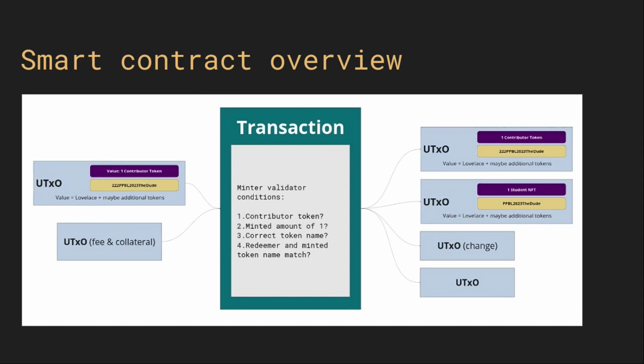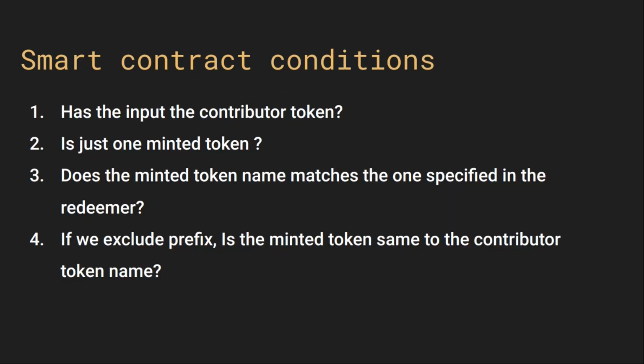So, in order to run this smart contract, we have to satisfy four conditions. The first one is, does the input have the contributor token? It's just the people who have the contributor token that can run this transaction. The second condition is just one minted token. That is obvious because we are minting an NFT.